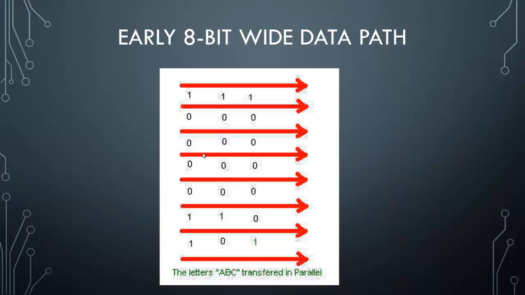We send a byte at a time. That's why these buses are always 8 bits or a multiple of 8 bits wide: 8-bit, 16-bit, 32-bit, 64, 128, 256, that kind of stuff. It's all a multiple of 8 because we have to send an entire byte at a time.